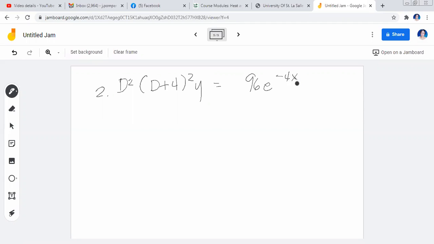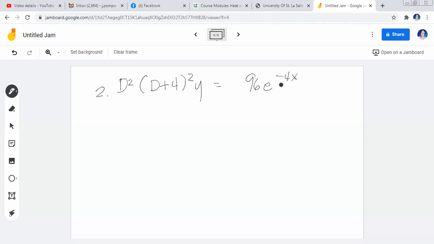If you will use the method of undetermined coefficients, you will have until the fourth derivative. Because if you have this expanded, this will be D squared plus 8D plus 16, and you need to multiply all the terms here by D squared. In terms of factoring, you won't have any problem though. But in terms of processing your particular solution, you will have a problem.